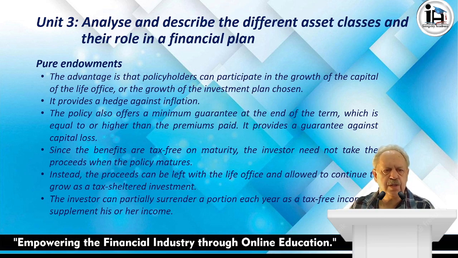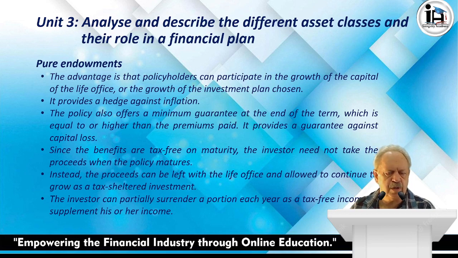The advantages are that policyholders can participate in the growth of the capital of the life office or the growth of the investment plan chosen. It provides a hedge against inflation. The policy also offers a minimum guarantee at the end of the term, which is equal to or higher than the premium paid. It provides a guarantee against capital loss.